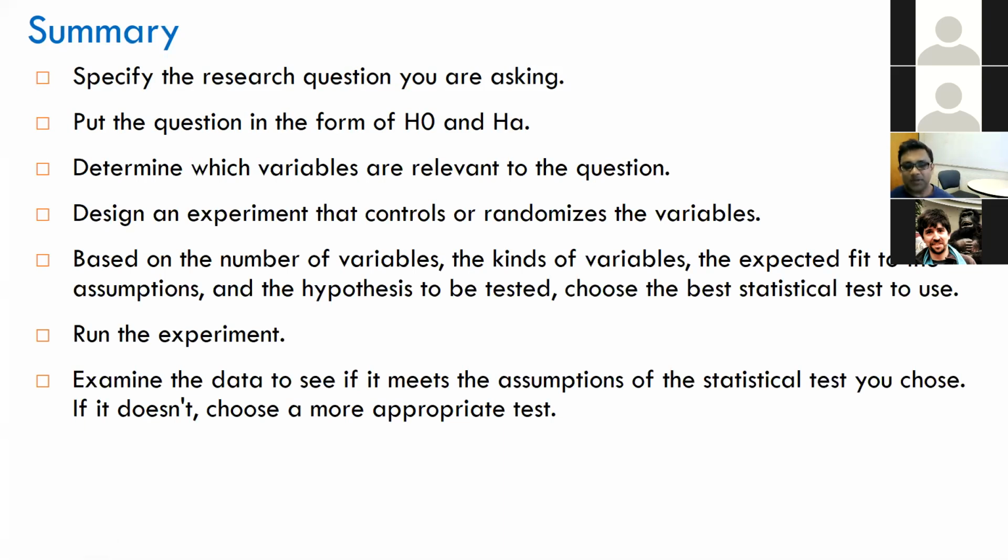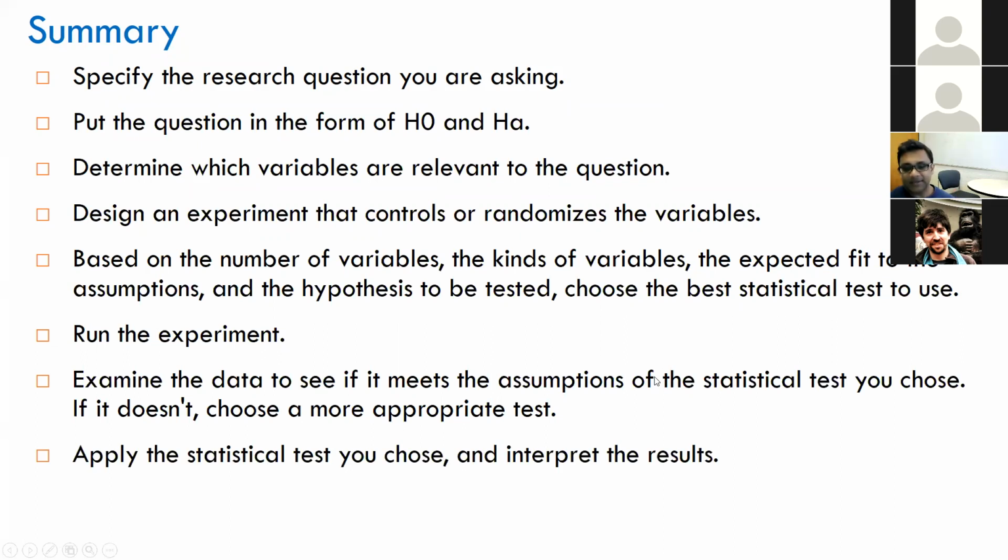Once you run your experiment, you do descriptive statistics and see a descriptive analysis of your data from Excel or something, and then try to understand the basics, the behavior, the pattern of your data, and then run the statistical test based on the type of data you have. And then you interpret your result and then finally communicate your results.